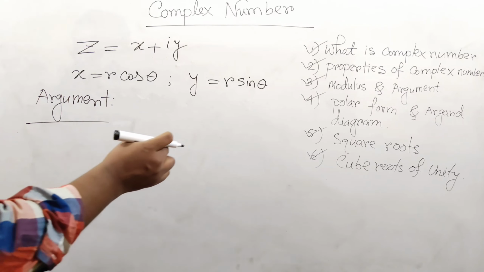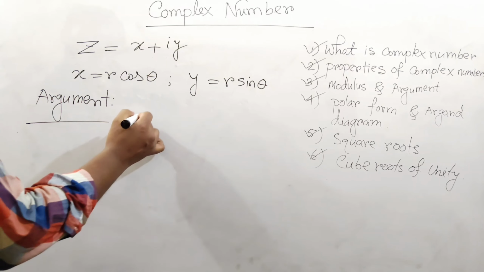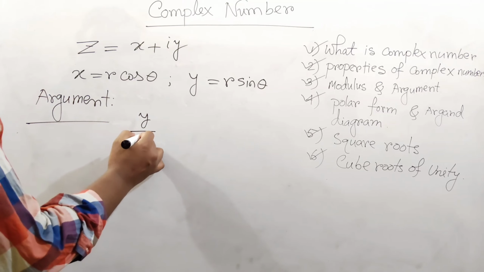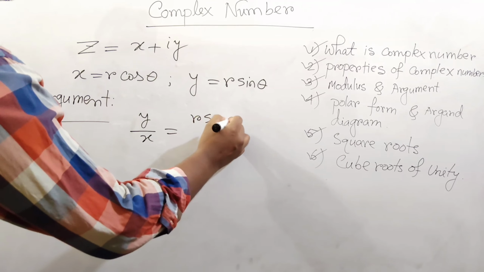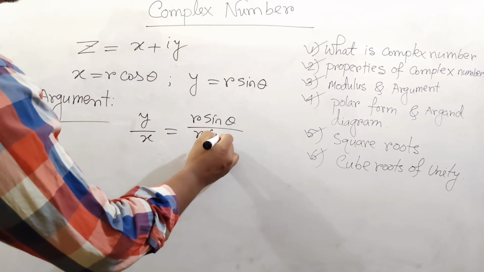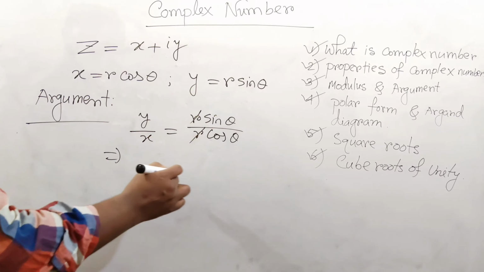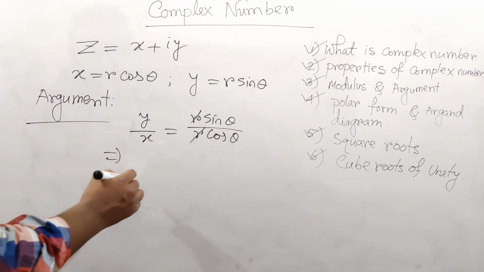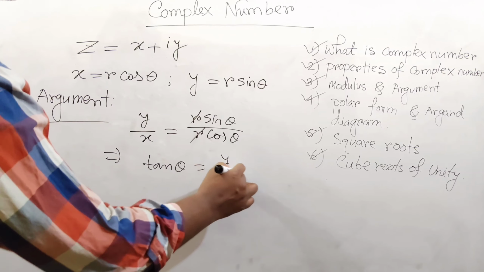Okay, so now if we divide this equation with the first equation, then what we'll get? In the left side y over x, in the right side r sin theta over r cos theta. So if we cancel these both, then we'll get sin over cos according to trigonometric properties, that is tan theta, and here y over x.